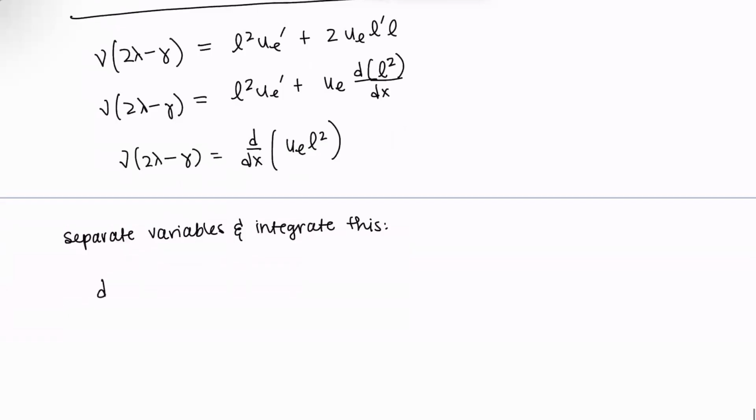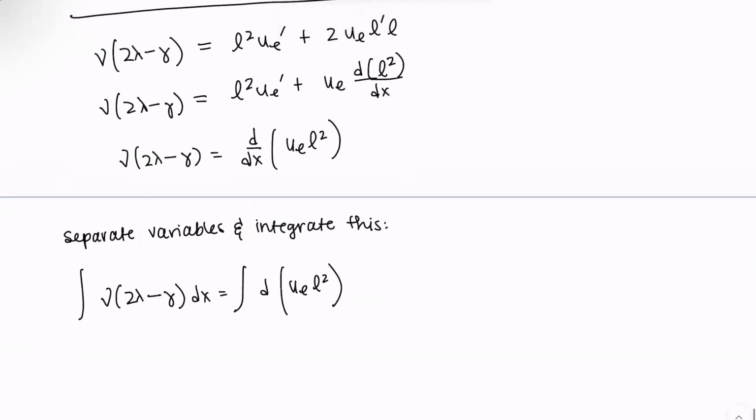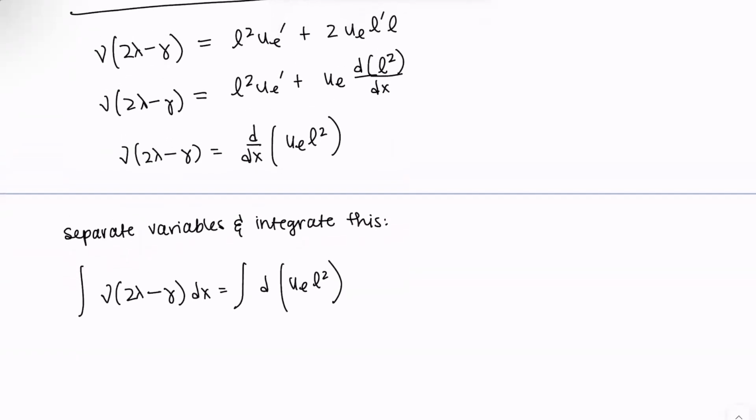So I have nu times 2 lambda minus gamma dx is equal to the differential of UE L squared. Since we said lambda and gamma were constants, and we also know that the viscosity is a constant, we just pick up a factor of x on the left-hand side and a constant of integration.